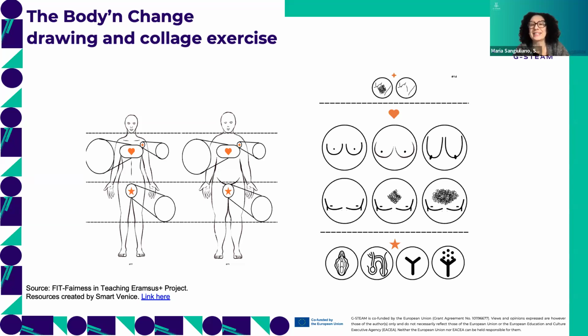This game and exercise can be accompanied by a science lesson on the reproductive system and sexuality as well.